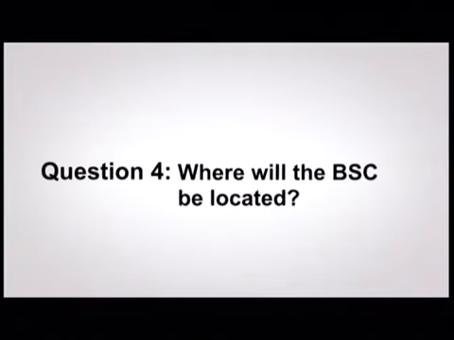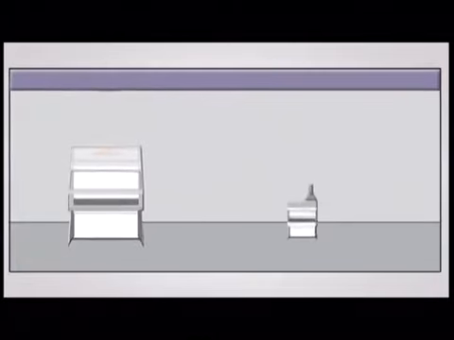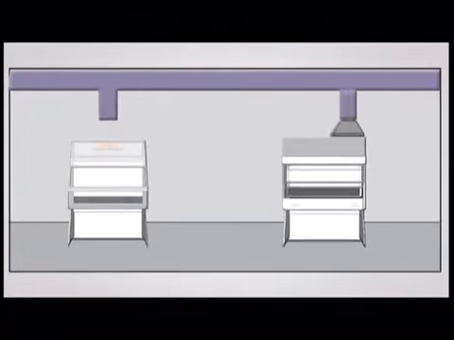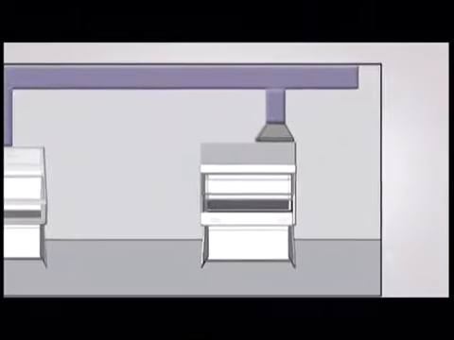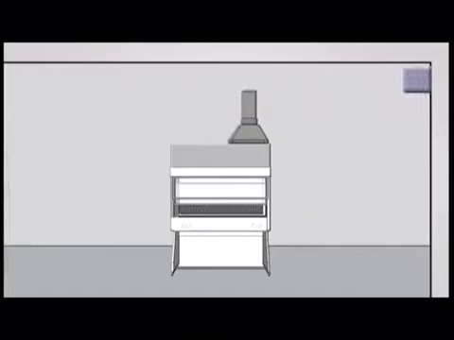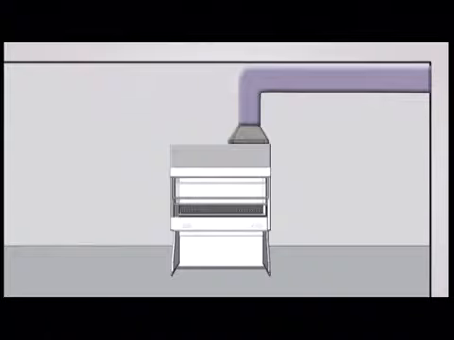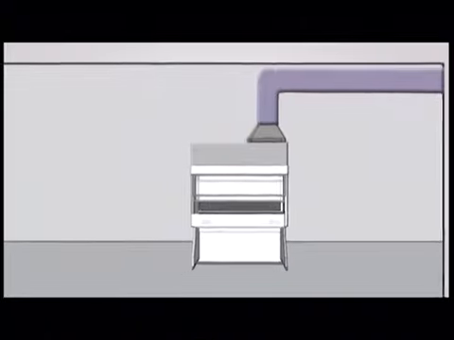Question 4 asks, where will the BSC be located? For BSCs that need to be connected to an exhaust system, such as the Class 2 Type A or B, the location of the cabinet becomes dependent on the location of the exhaust system. If the BSC is not connected to the facility exhaust system, the feasibility of placing the new exhaust duct and related engineering design constraints should be considered.